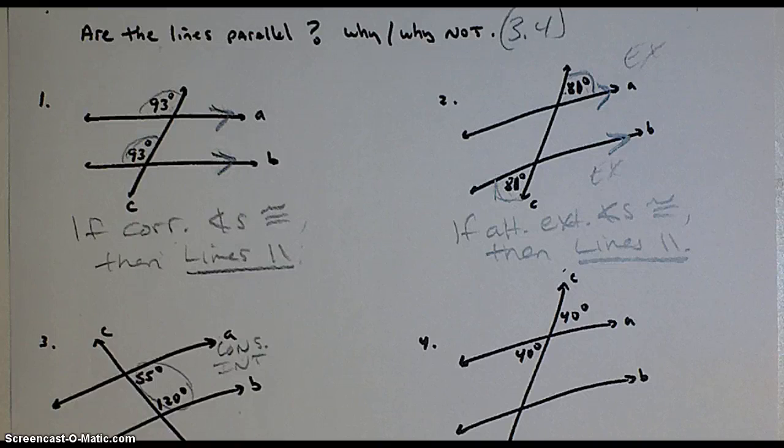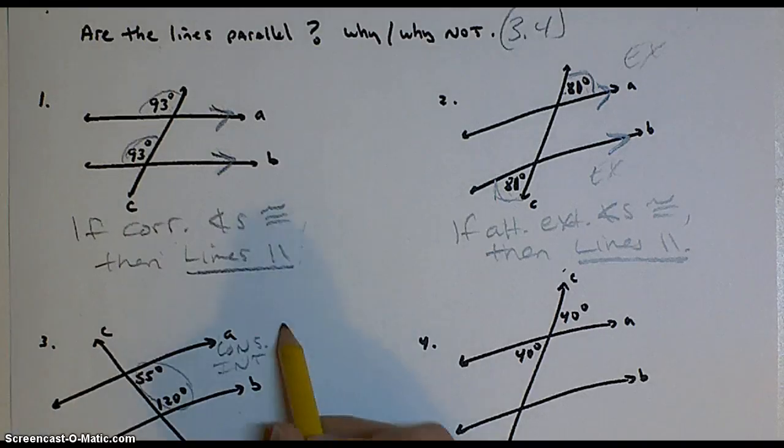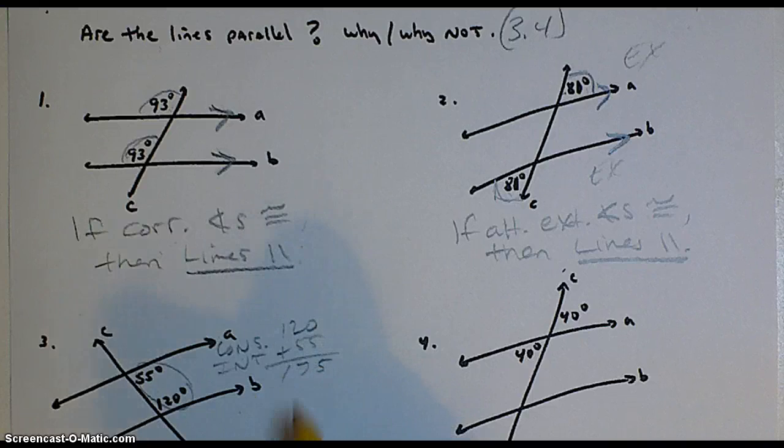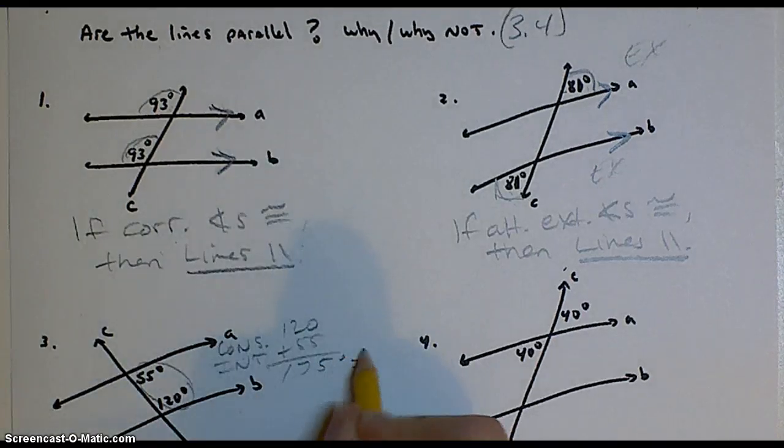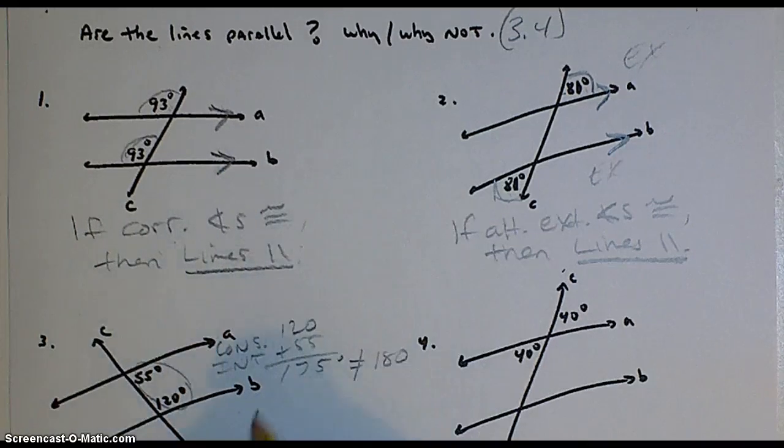We know that they would add to 180. So let's check. So 120 plus 55, that gives me 175 degrees, which is not 180. So no, these lines are not parallel because the consecutive interior angles are not supplementary. Doesn't work.